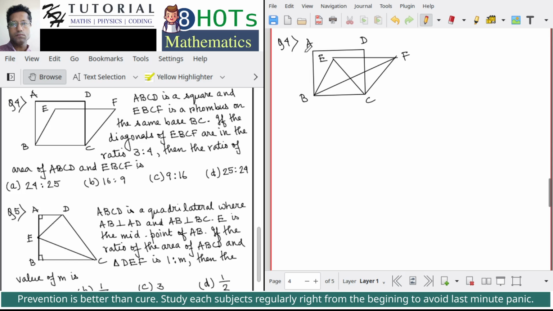Let's consider each side of the square to be x, so let AB be equal to x. This implies the area of square ABCD will be equal to x square. Now, one side of the rhombus will also be x, because the rhombus and the square both lie on the same base BC.